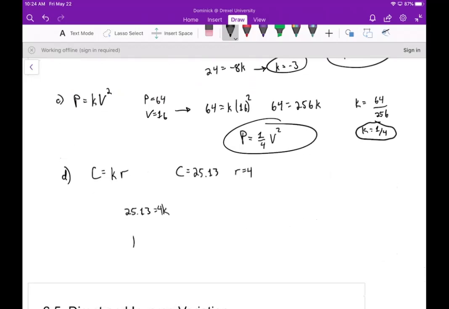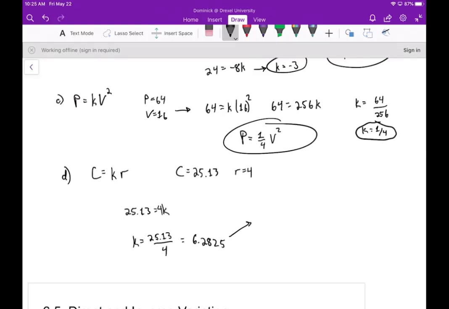All right, so then we get that k is whatever 25.13 divided by 4 is. And of course, if we solve this in a calculator, 25.13 divided by 4 should come out to be 6.2825.